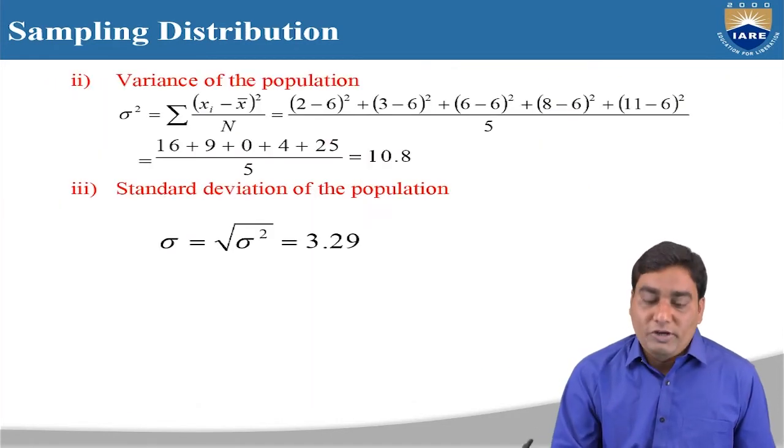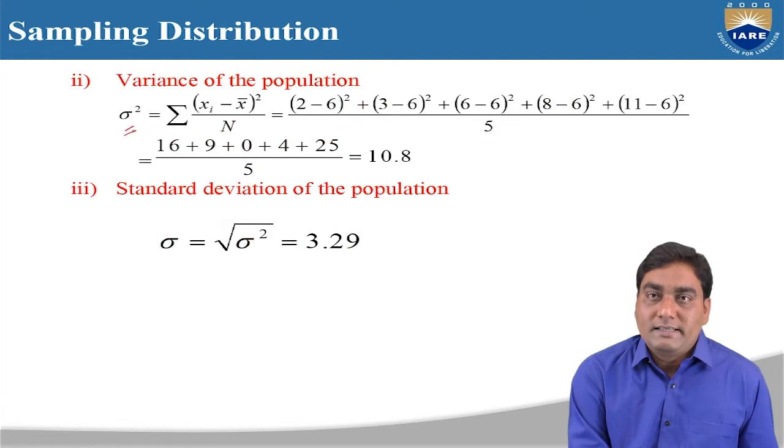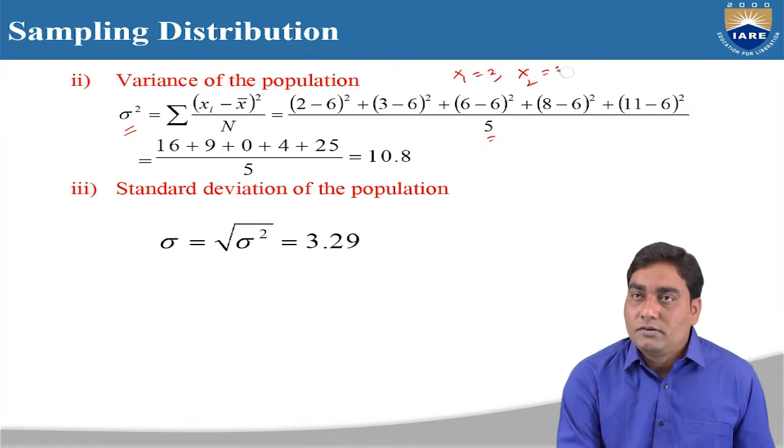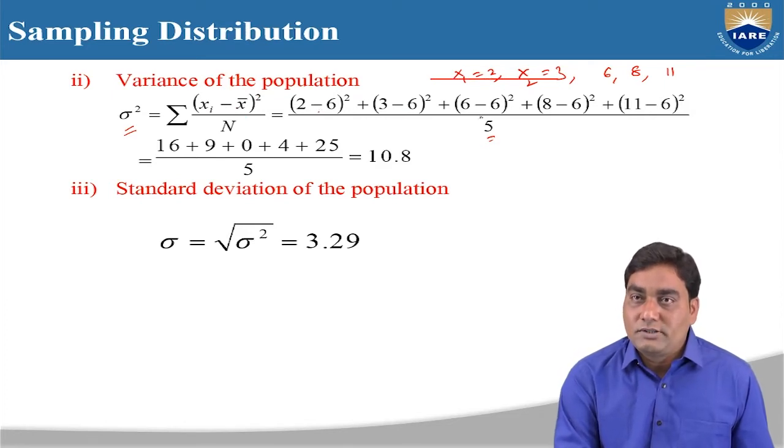Similarly, variance of the population. The formula, the symbol is sigma square, sigma xi minus x bar whole square by n. By n means 5. Xi, first value x1 is 2, x2 is 3, x3 is 6, x4 is 8, x5 is 11. Xi minus x bar: if you take x1 minus x bar, x1 is 2, so 2 minus 6 whole square plus 3 minus 6 whole square plus 6 minus 6 whole square and so on.